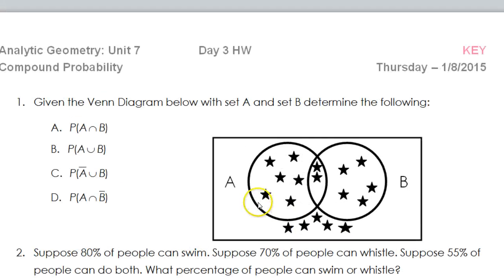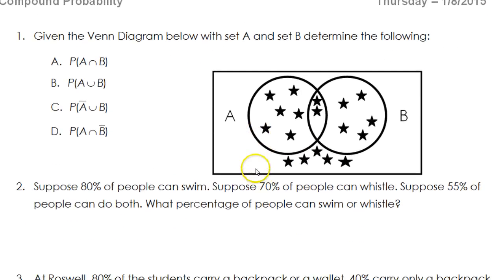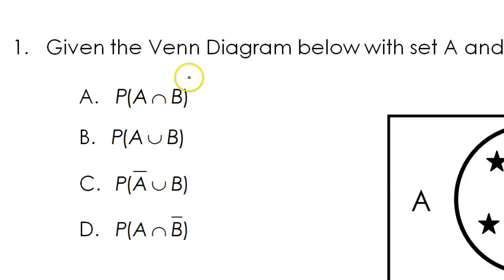So let's get down to business. Problem number 1. So given the Venn diagram below, with set A and set B, determine the following. What is the probability of A intersection B? Alright, we need to make these connections as we go along. When you see that symbol facing down, that means intersection.